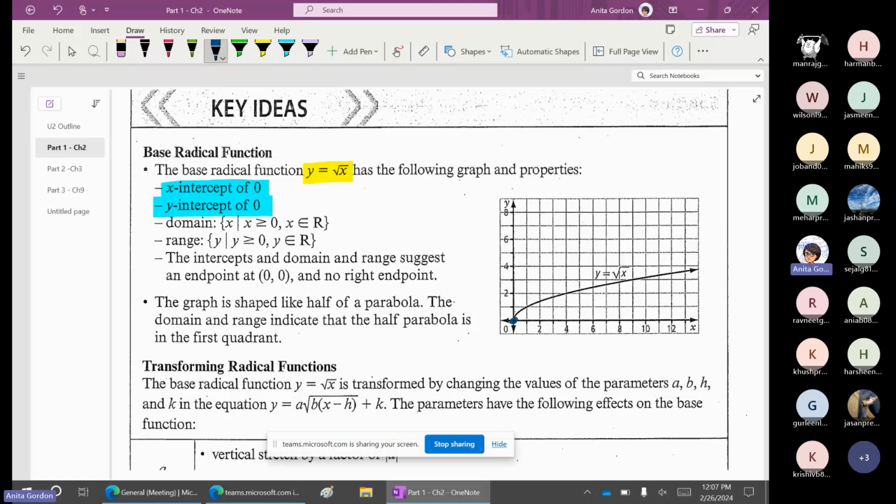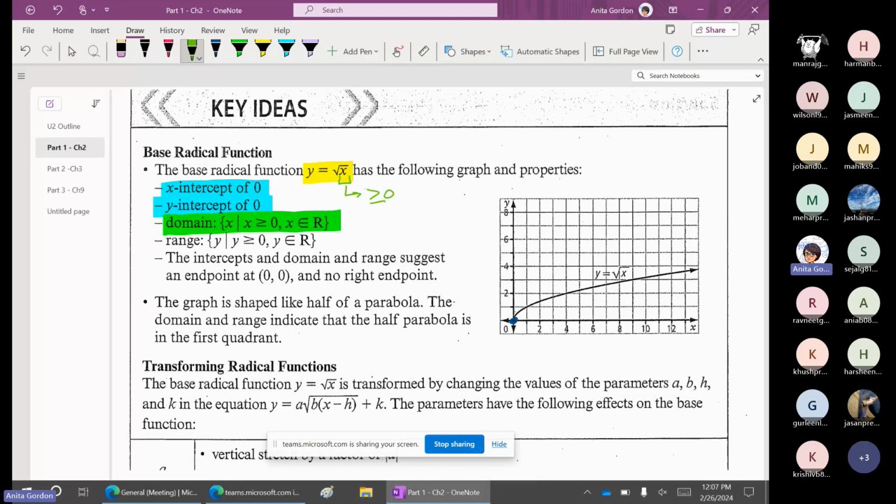Because we have a square root function, we also know that we cannot have negative numbers in here, so x must be greater than or equal to 0, which is what makes up our domain. It's okay if it is 0.